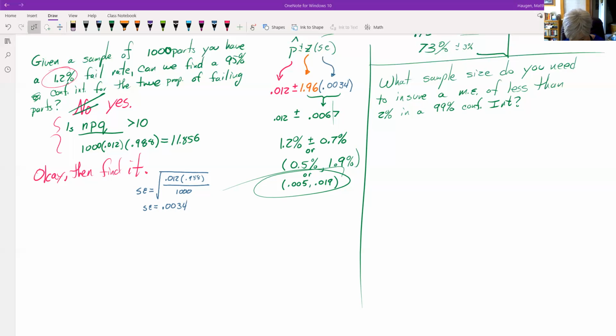Critical value? No, what's the first one? I always forget. Oh, the sample proportion? No, aren't we looking for the number that's on the bottom of the square root? The n, the sample size? Yes. Yeah. We're looking for that, right?